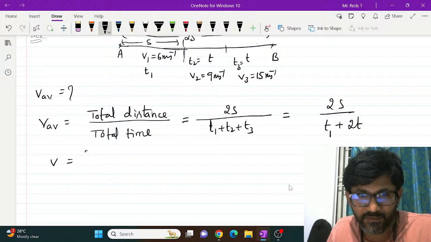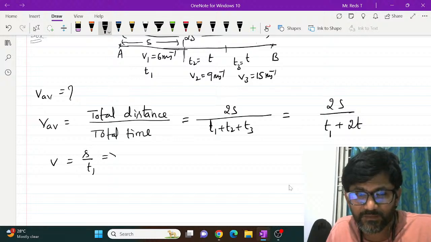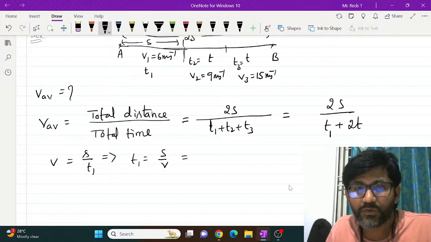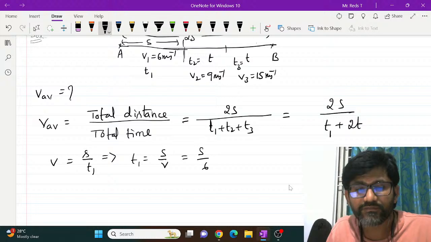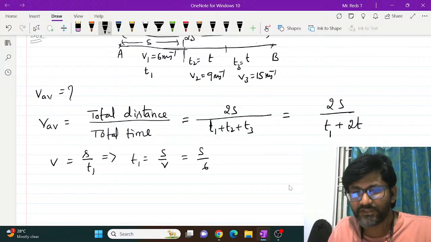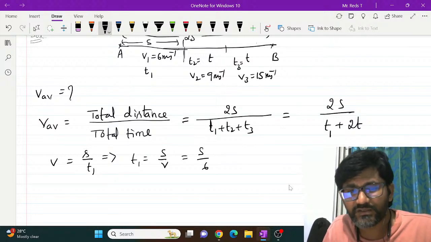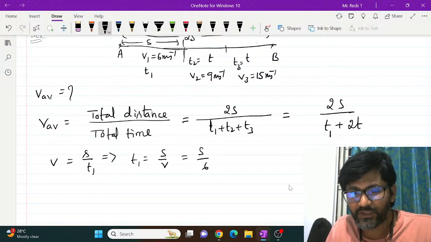It is nothing but s by v. From this you can write T1 is equal to s by v. So v is 6, and from this you can also say s is equal to 6 T1, right?